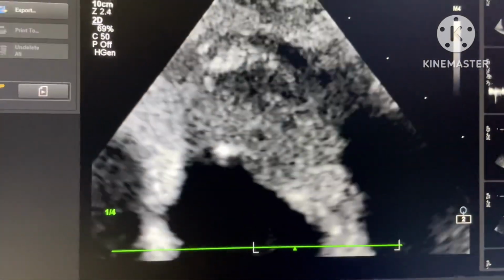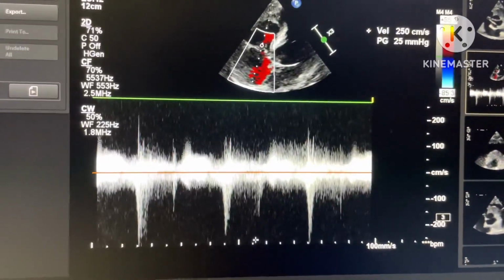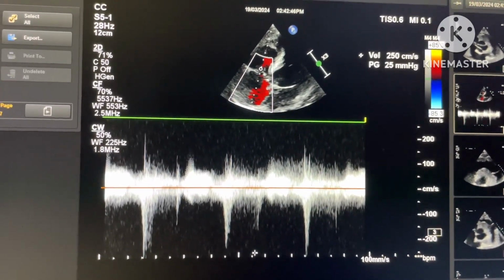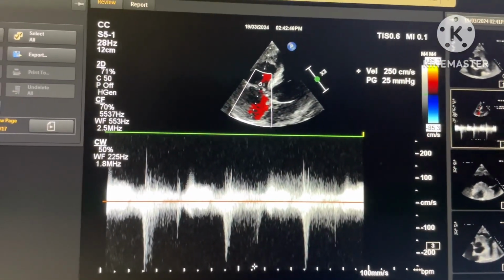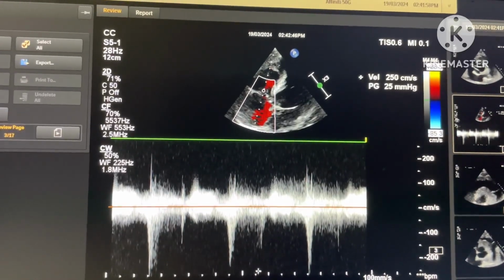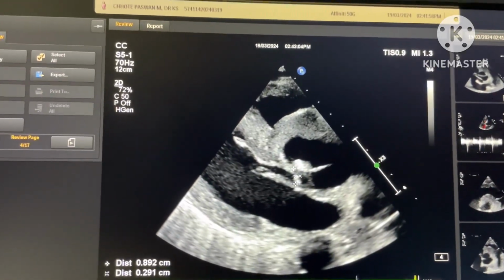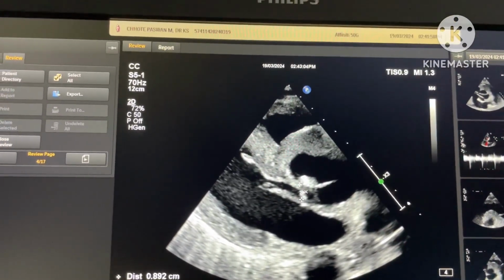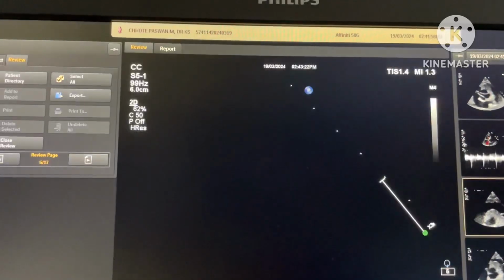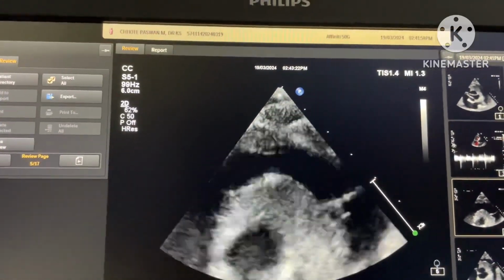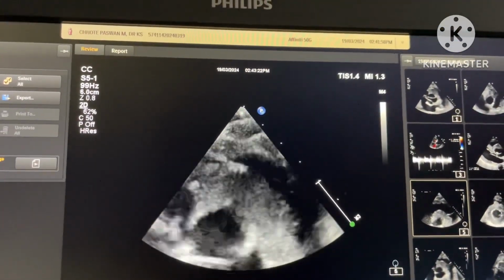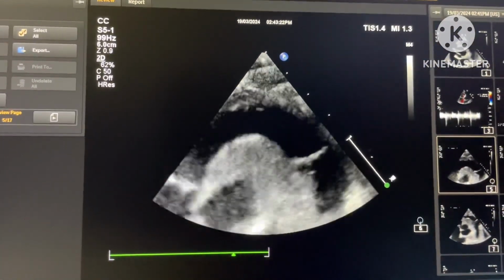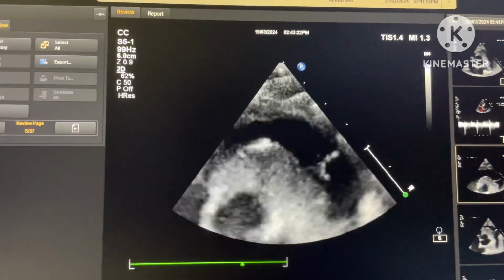For the next image, the velocity across the tricuspid valve, trivial TR, peak gradient 25, so indicating mild pulmonary artery hypertension. Now see the size of the aortic annulus, and that is the vegetation. So vegetation is there. Vegetation is being missed in this image, but I will show vegetation in the next image.